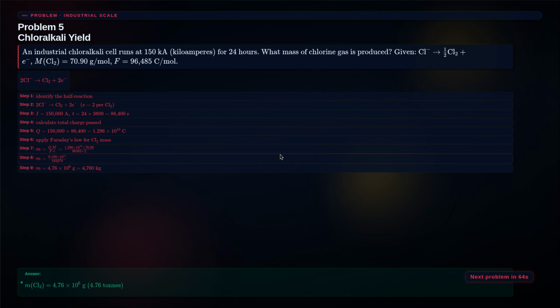That is 1.296 times 10 to the 10 times 70.90 divided by 96,485 times 2. This equals 9.189 times 10 to the 11 divided by 192,970. The answer is 4.76 times 10 to the 6 grams, which is 4.76 tons of chlorine gas.